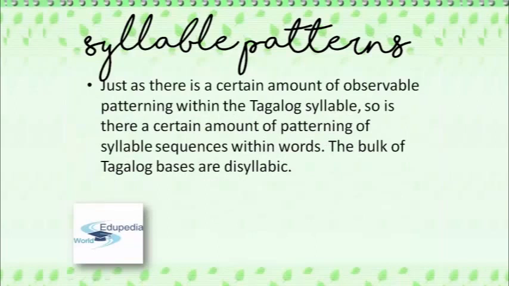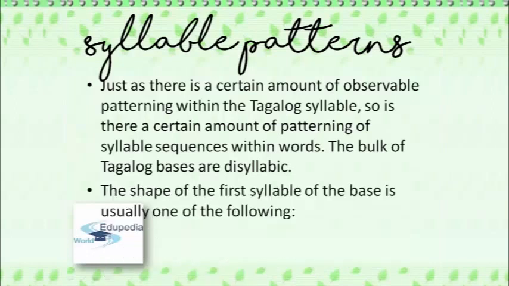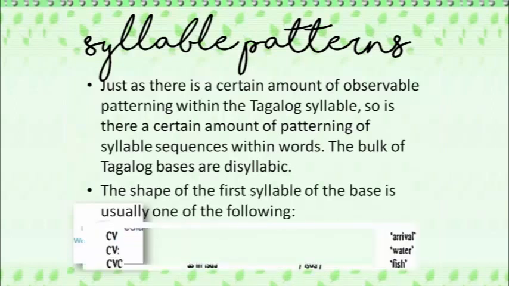Just as there is a certain amount of observable patterning within the Tagalog syllable, so is there a certain amount of patterning of syllable sequences within words. The bulk of Tagalog bases are dissyllabic. The shape of the first syllable of the base is usually one of the following.